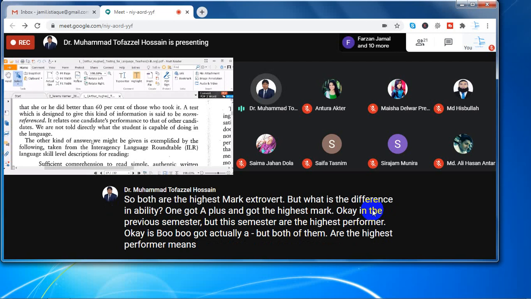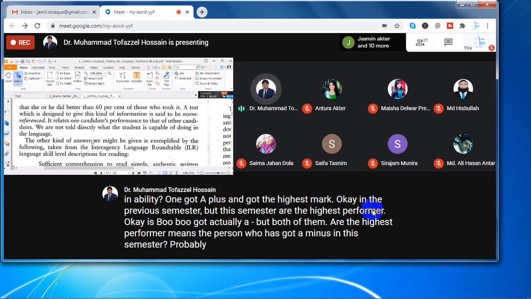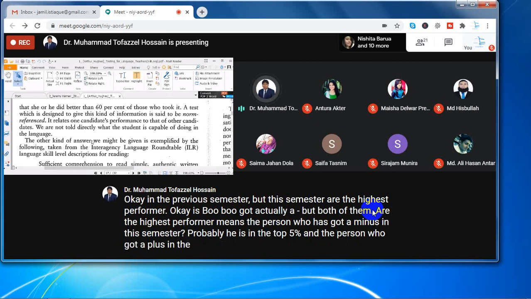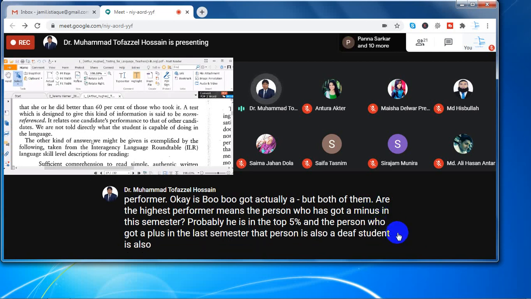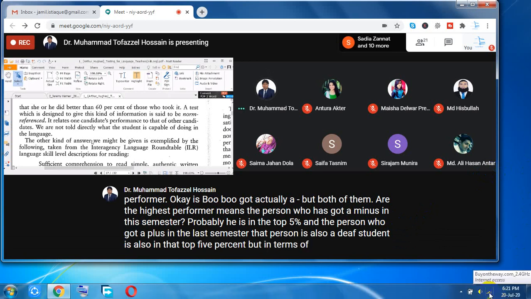It means the person who has got A minus in this semester is probably in the top 5%, and the student who got A plus in the last semester is also in the top 5%. But in terms of ability, are they in the same position?